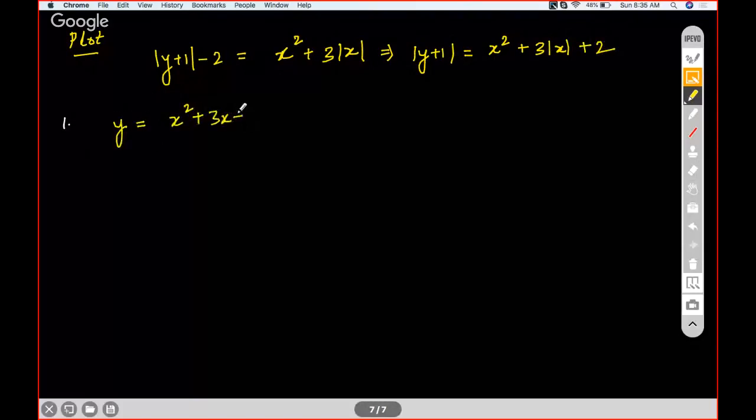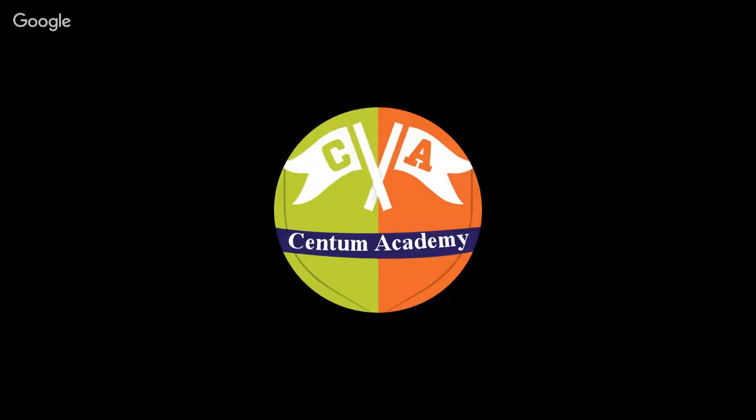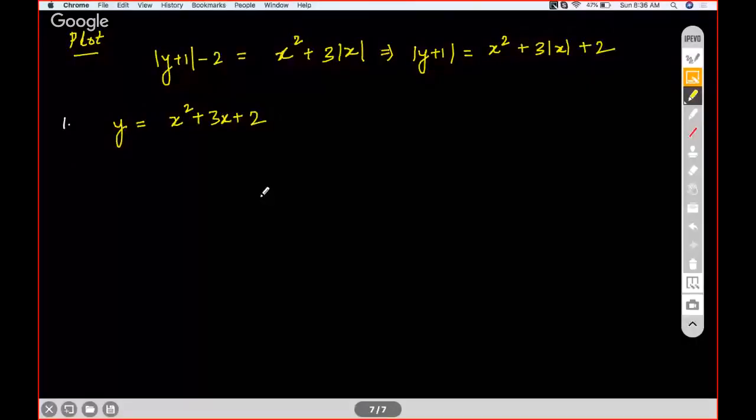Then once you plot it, x also has a modulus sign. So because x has a modulus sign, it is reflected. So next you want to make a mod on x, right?